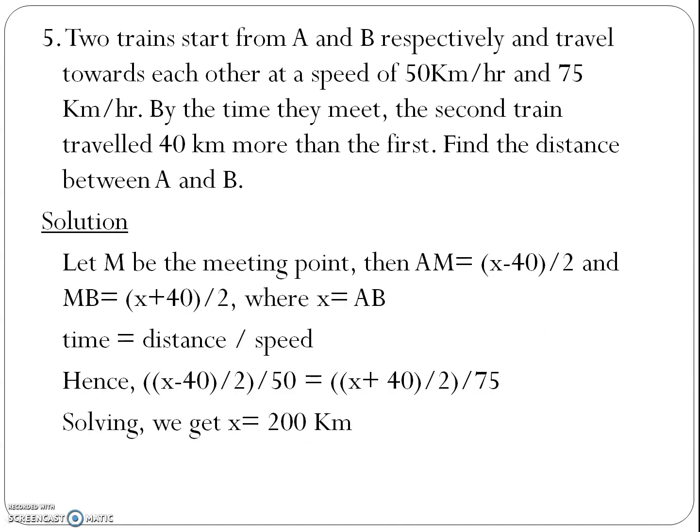Next problem. Two trains start from A and B respectively and travel towards each other at a speed of 50 kilometers per hour and 75 kilometers per hour respectively. By the time they meet, the second train traveled 40 kilometers more than the first.